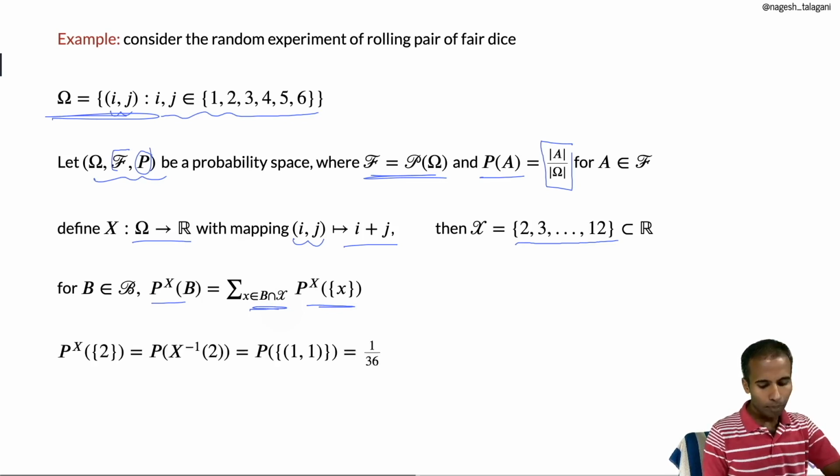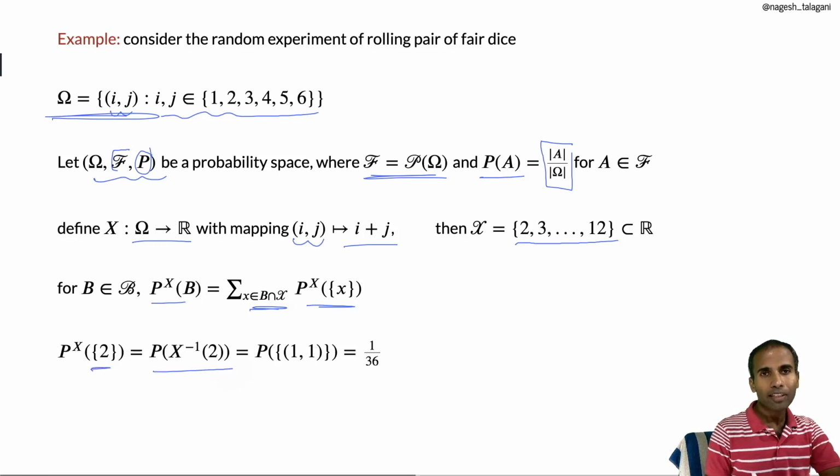Let's look at the probabilities of a few singletons under this Px. Px of singleton 2 means the probability of X inverse 2, which is the event in script F consisting of all outcomes that are quantified to 2. That means all outcomes whose sum of the dice is equal to 2. Only the outcome (1, 1) adds up to 2, so this is nothing but the singleton (1, 1). The probability of this event is 1 by 36.